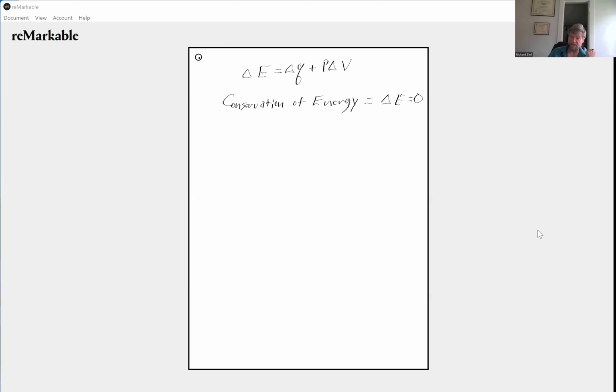Well, yes, you can. We could put ice cubes in our drink and cool it down. That is changing the energy of the system. So the change in energy of the system is not necessarily zero. The energy of the surroundings is not necessarily zero, but the energy of the universe must be equal to zero.